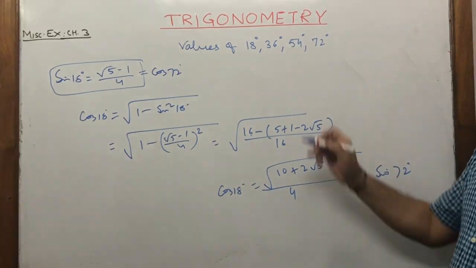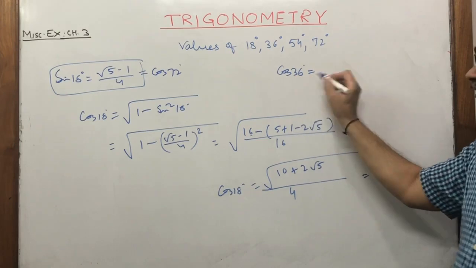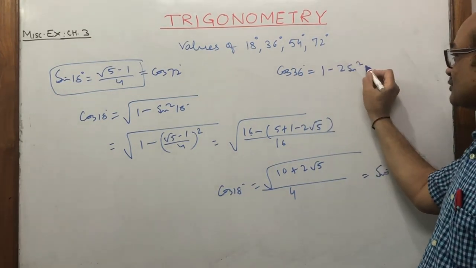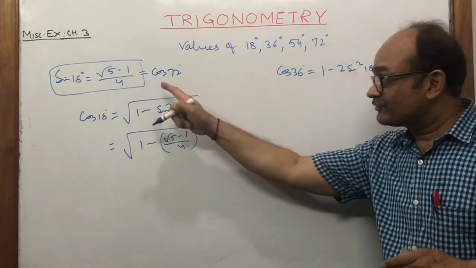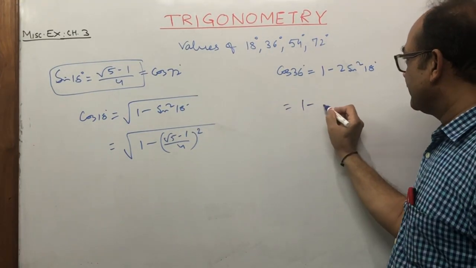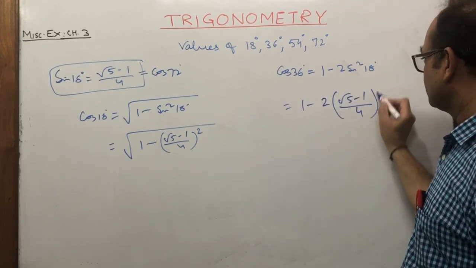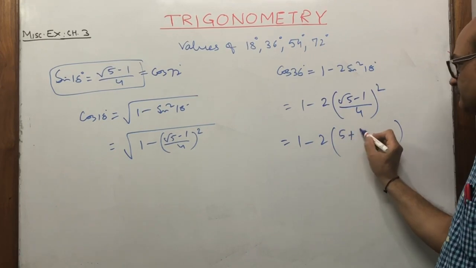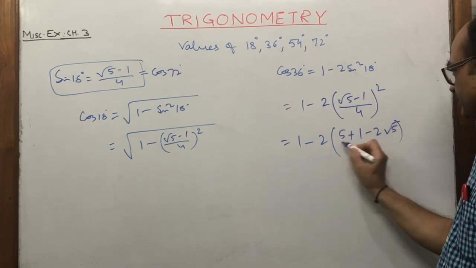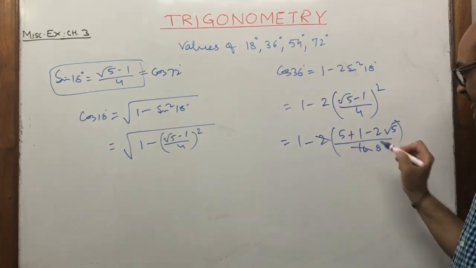Easy? Now the next point is cos 36. That is cos 2a. Cos 2a is 1 minus 2 sin square a. Everything is connected to each other. So now substituting the value of sin 18: 1 minus 2 times root 5 minus 1 by 4, squared. 1 minus 2 times 5 plus 1 minus 2 root 5 divided by 16. 2 cancels out.